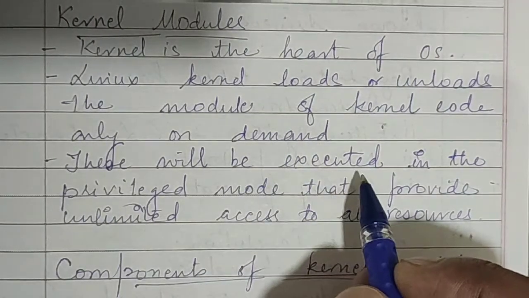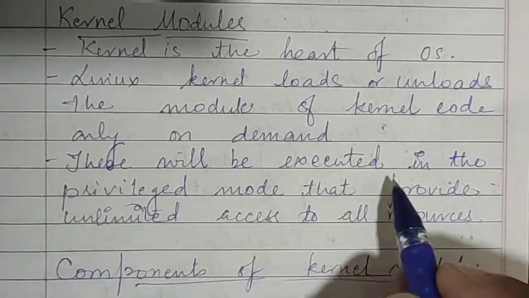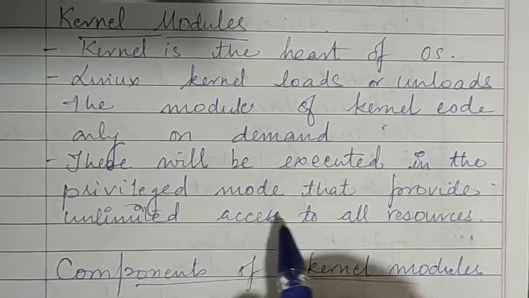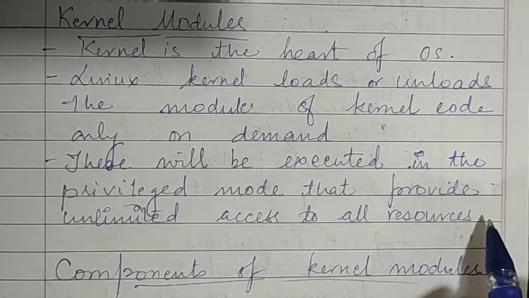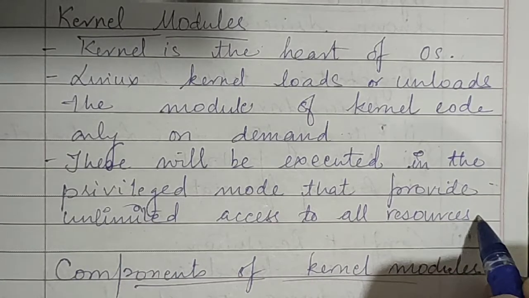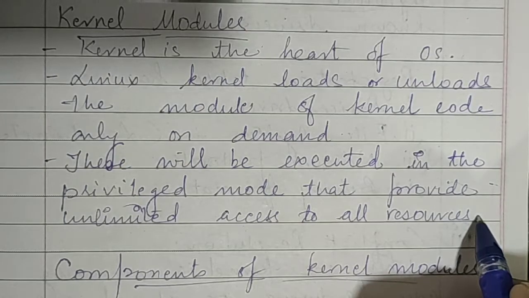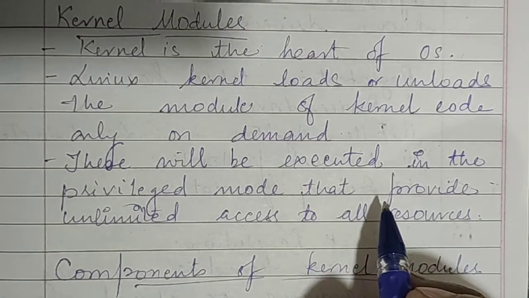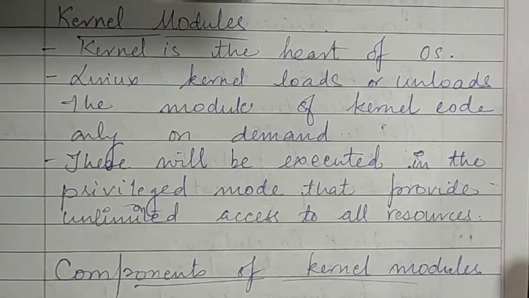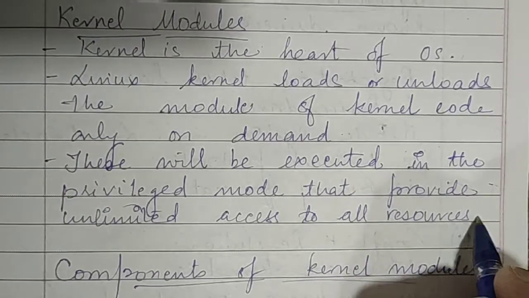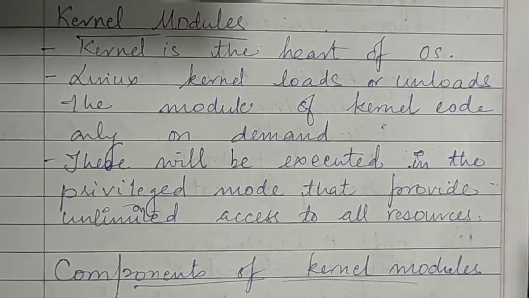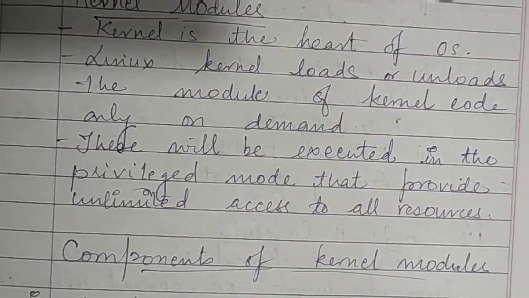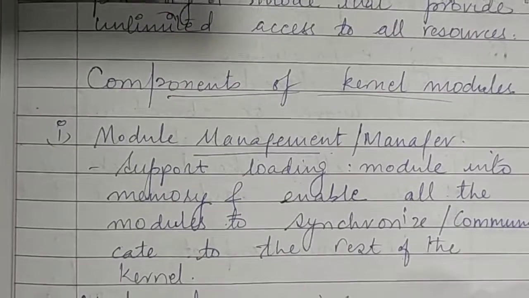These will be executed in the privileged mode that provides unlimited access to all resources. So it has nothing to do to take permissions from anywhere, and it can take over at any time whenever there is a request from the kernel code. So these are the components of kernel modules.